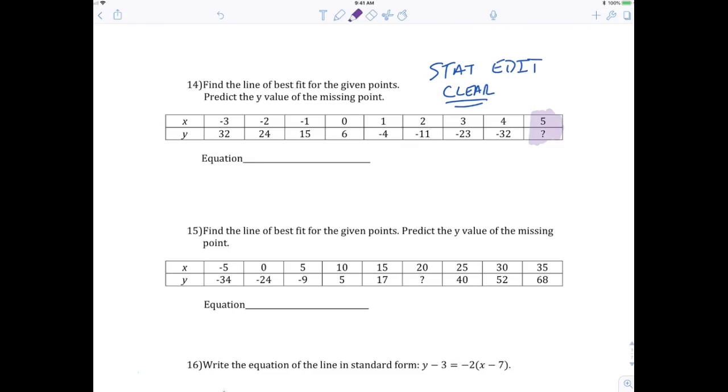Now, remember, once you put those points in, I want you to go to Zoom Stat and take a look at it. Zoom Stat. Then show me your calculator. Very nice.